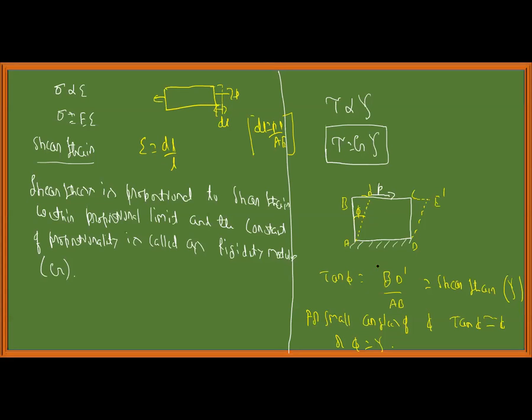Given by tan phi is equal to BD dash by AB, and this is the shear strain gamma. For small angles of phi, tan phi is approximately equal to phi, and phi is equal to gamma, where gamma is the shear strain. Have you understood this? Yes, sir. Right? Sure. Okay.